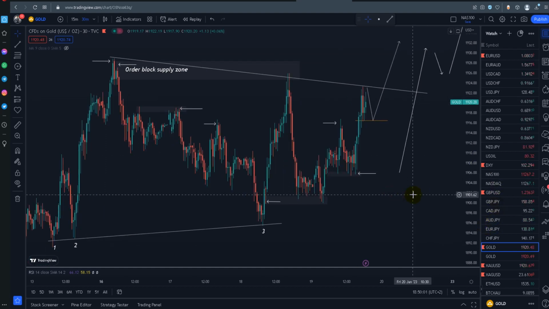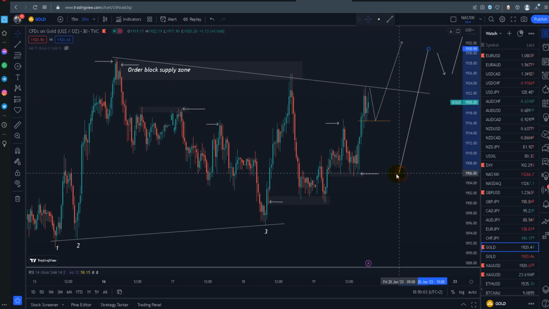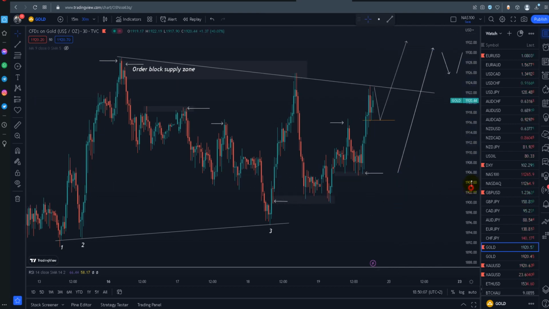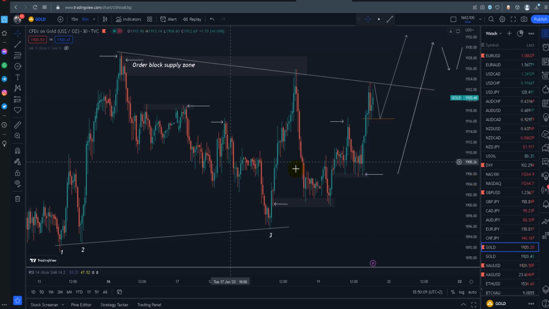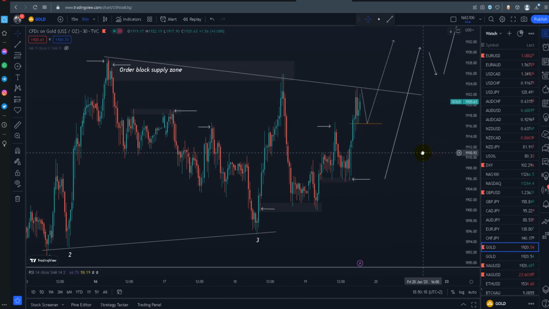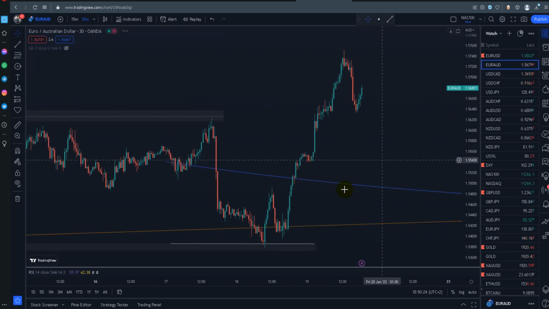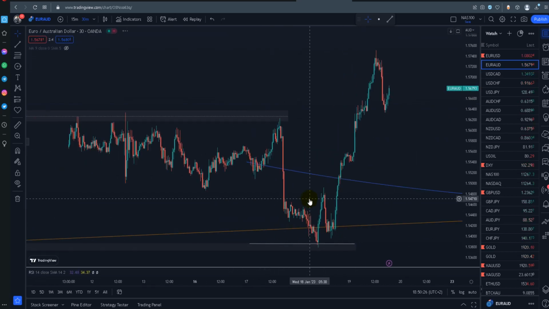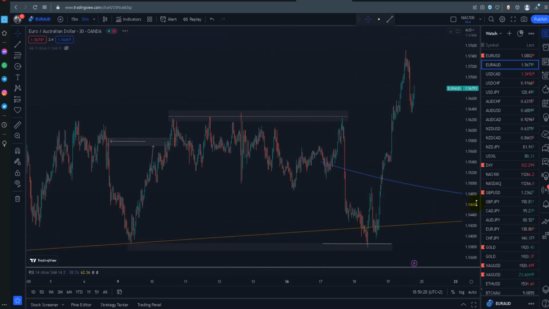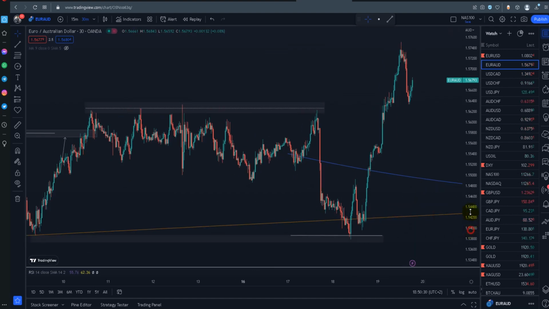But as you can see right here, I've called the market completely accurately based on the same sniper zones, as well as based on the market structure. I've also called the bullish upwave from when the market was right down here, accurately 100%. And many other markets. I've also called the EUR AUD bullish daily push from the sniper zone.